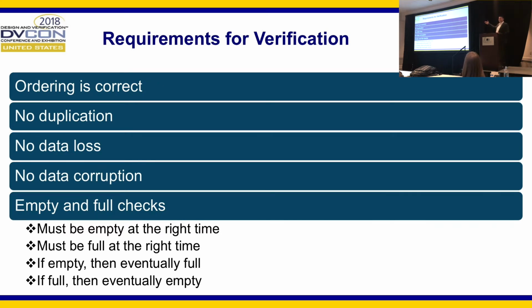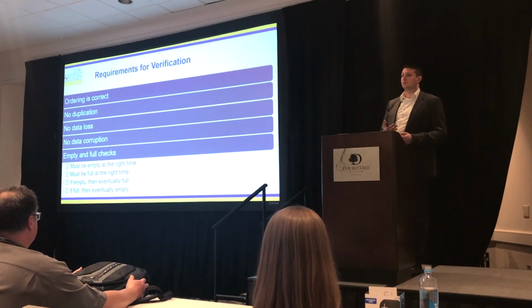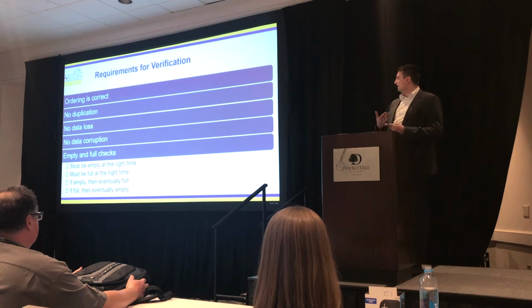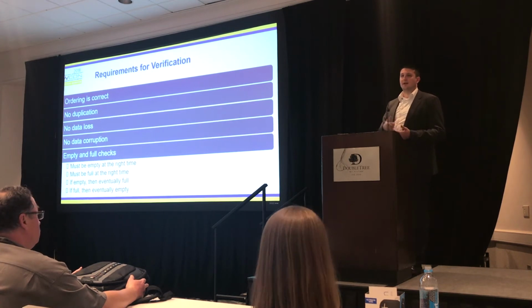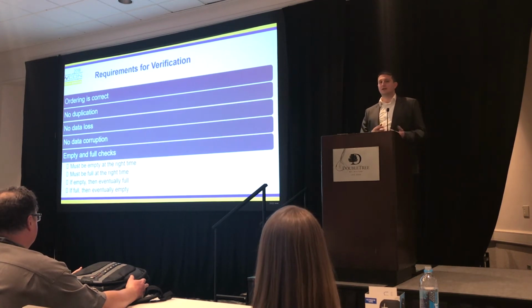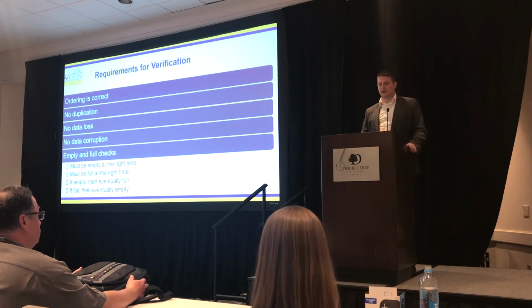But regardless, we can make some statements of what we want to prove the design does. Right? So we already said ordering is correct, no duplication, no lost data, no data corruption, and we probably want to do some checks whether the FIFO is empty and full. So that it can be empty and full at the right time, and that it can get full and drained and filled back.